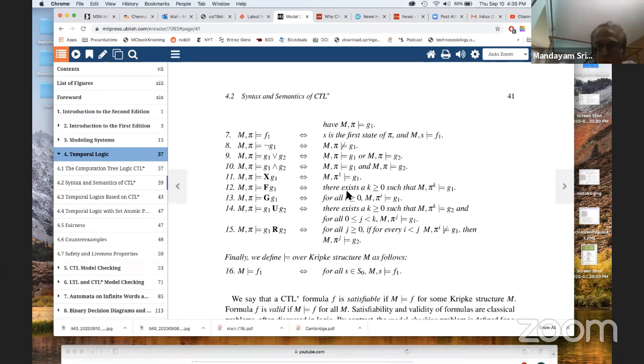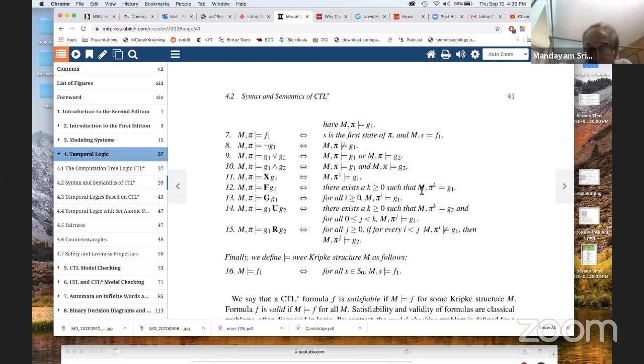So F of G1 is true of a path pi if there exists some position in the path and the suffix starting from that position for which G1 is true. Here k is greater than or equal to 0. So F of G1 is considered true if it is true in the first state itself, or any other future state.